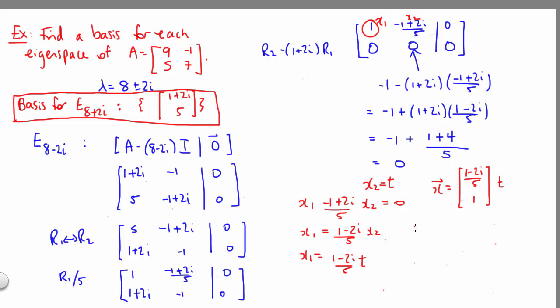In terms of writing down our basis for this particular eigenspace, we could say a basis is (1 minus 2i) over 5 and then 1. That is a basis vector. But a little bit nicer here to multiply those components through by 5 just to eliminate the fractions. A nicer basis vector would be (1 minus 2i) and then 5.